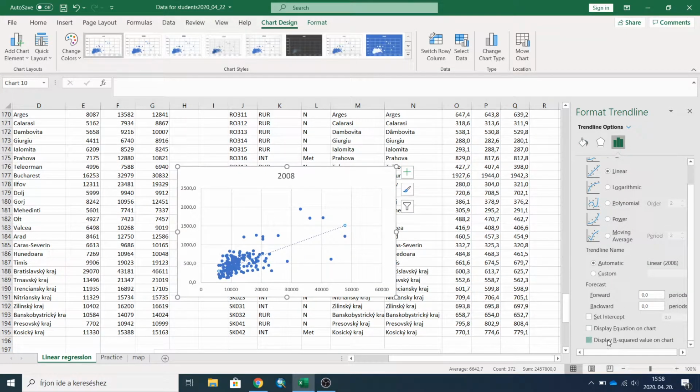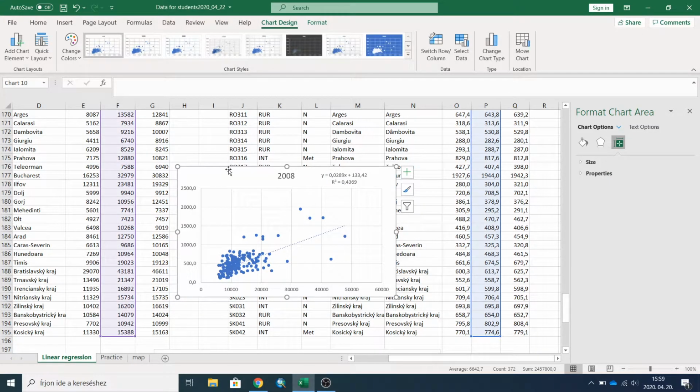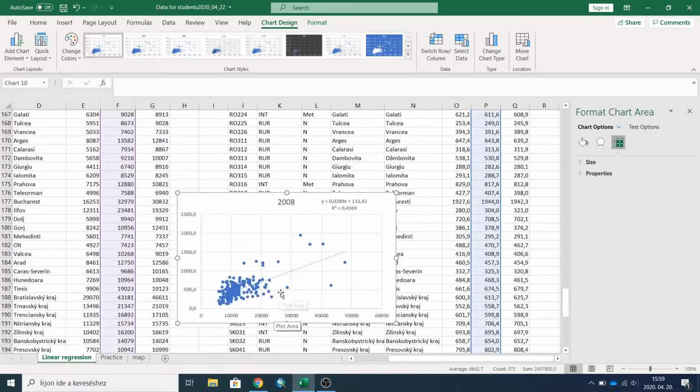Trendline, linear, R-square, equation. You can see that in 2008, the year of the financial crisis, the determination factor is higher than before. The population differences determine the GDP per capita around 43%, or 0.4.